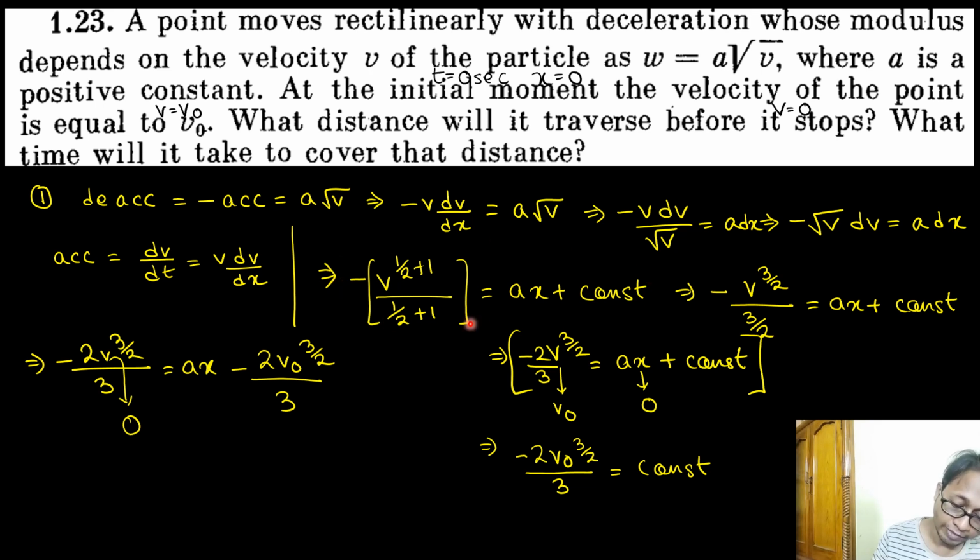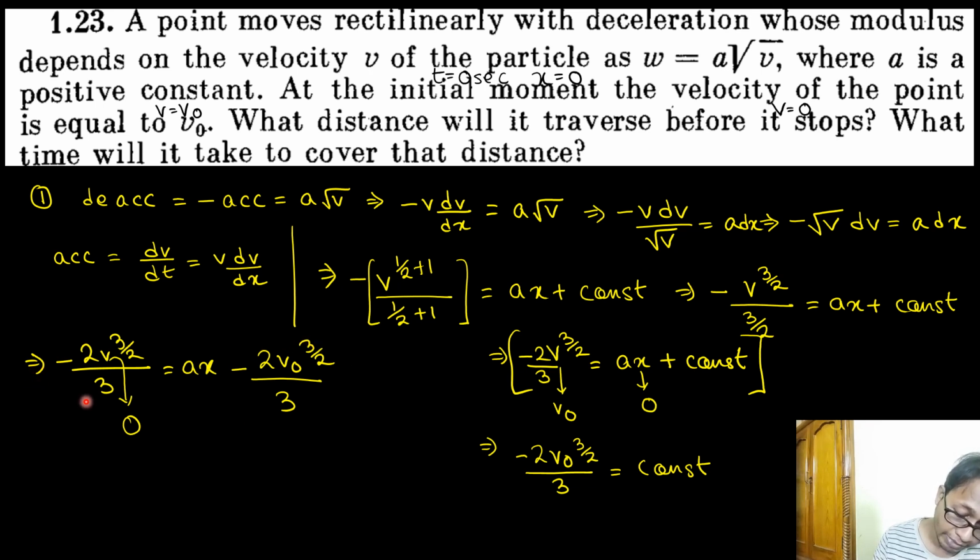For a definite integral you put the limits here. For an indefinite integral you put an additional constant and find its value using the boundary condition given in the question. Here the boundary condition was at x equal to 0, v equal to v naught. So I found the value of the constant using that boundary condition, and then I substituted it in the original equation, and I got this equation.